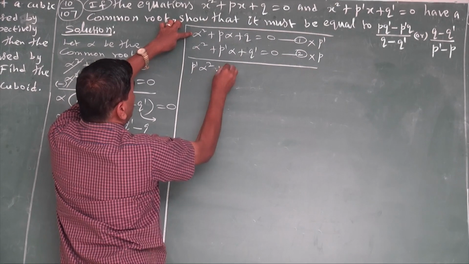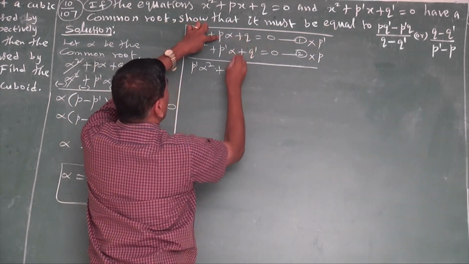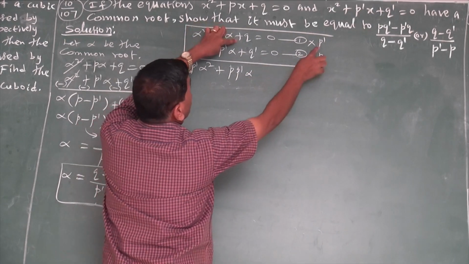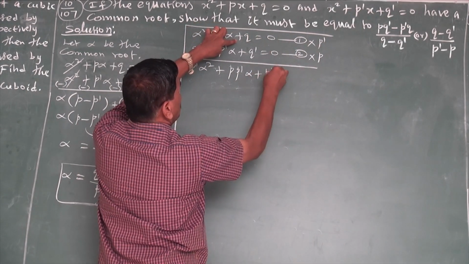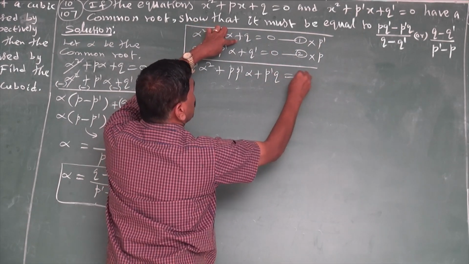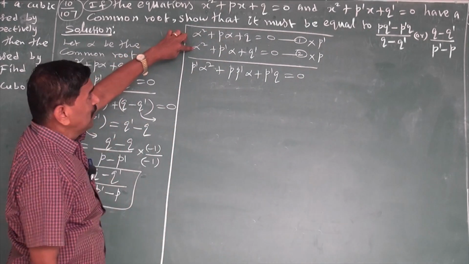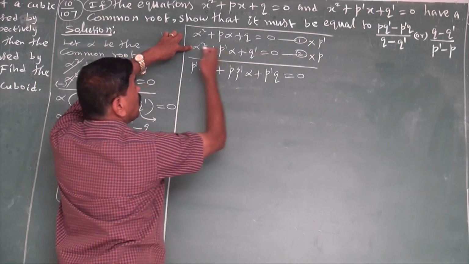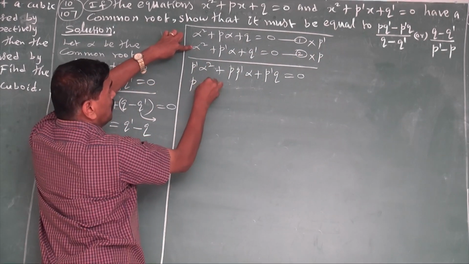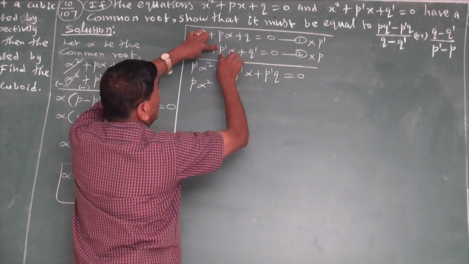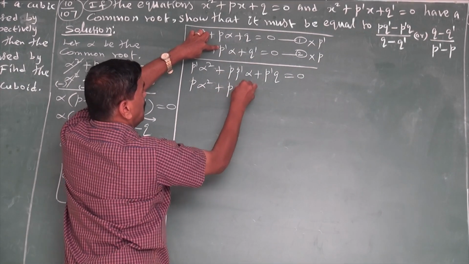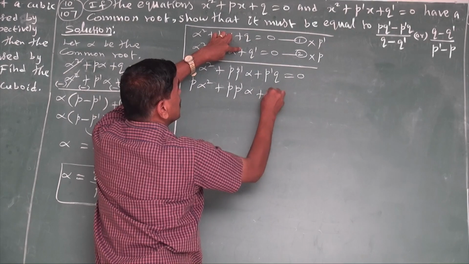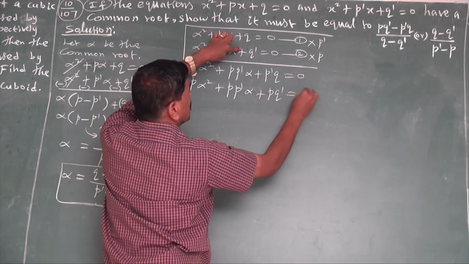Now p dash multiplies all the elements: p dash alpha square plus p dash p alpha plus p dash q, which is equal to 0. Similarly the second equation is multiplied by p: p alpha square plus p p dash alpha plus pq dash is equal to 0.